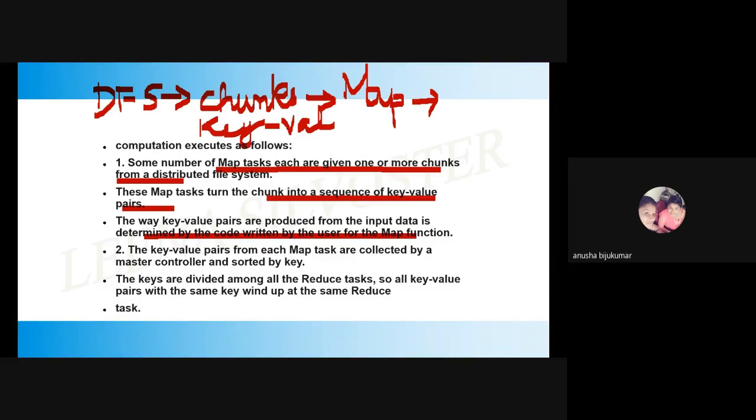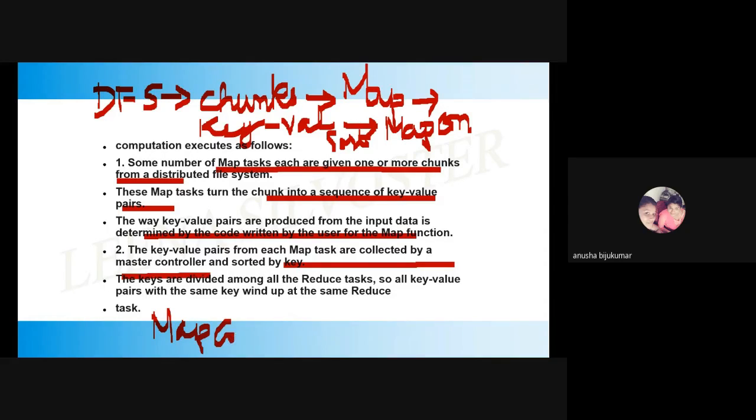Then the key value pairs from each map task are collected by a master controller and sorted by key. Then this master controller divides these keys among the reduce tasks.